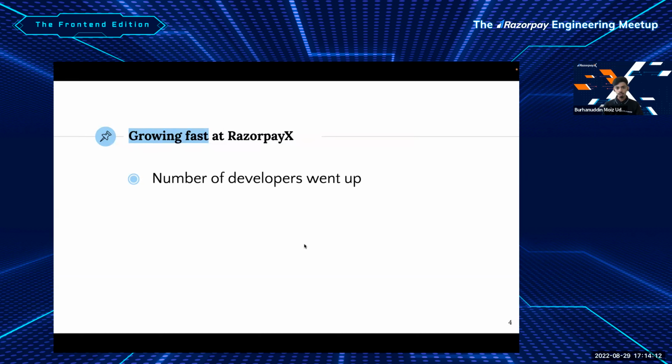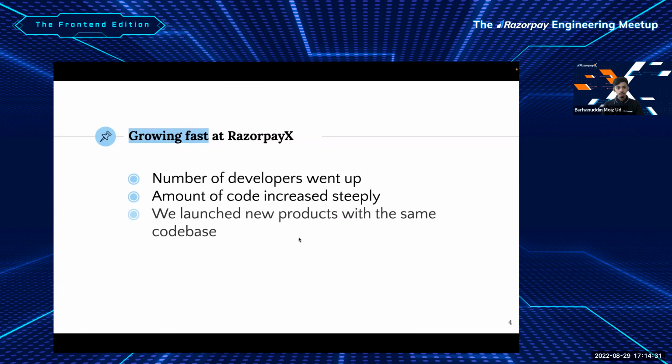With that, the amount of code that we write also increased a lot, obviously. And with that code, we also started writing a ton of unit tests, integration tests, and end-to-end tests. So the number of developers going up, the amount of code that we're writing has increased. We are also launching new products.